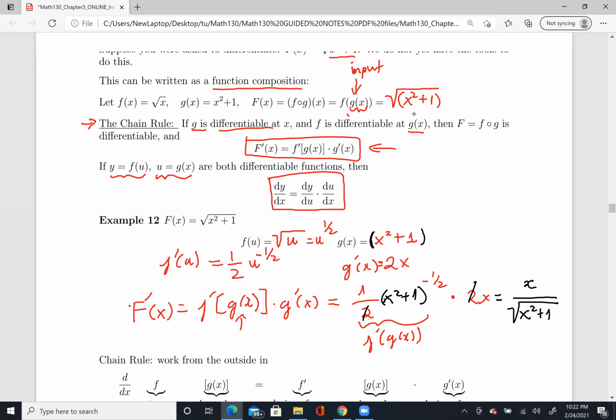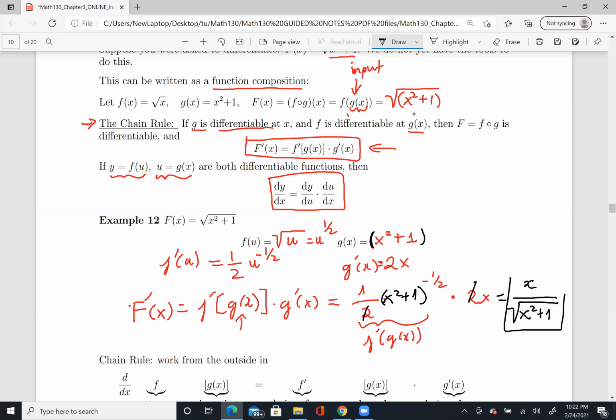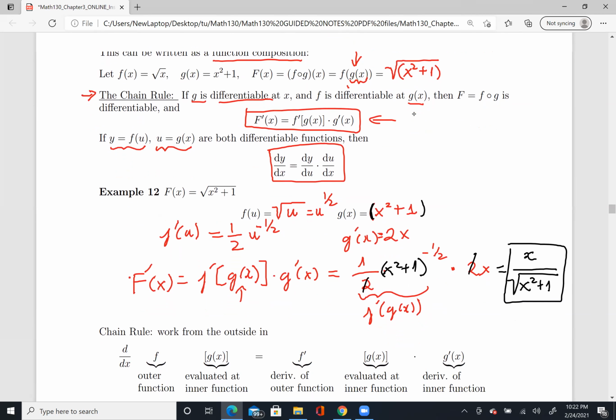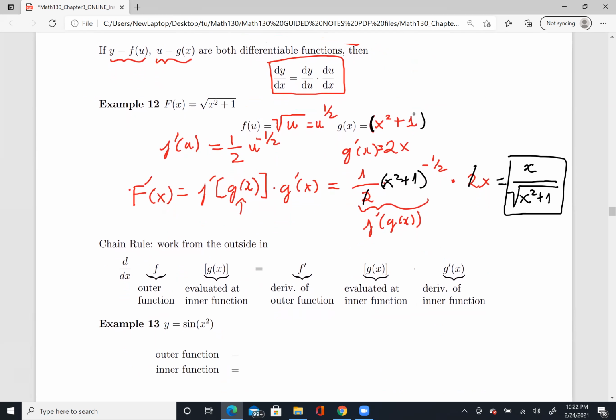Okay, so that should be the answer. You can also write it as x over x squared plus 1 to the power 1/2. That's fine too. But yes, you can rewrite it in rational form with the radical at the bottom. That's fine too.